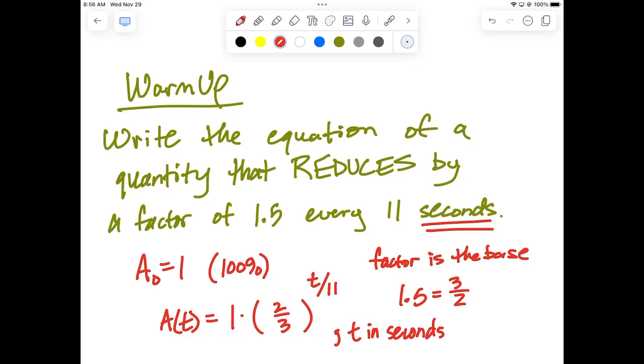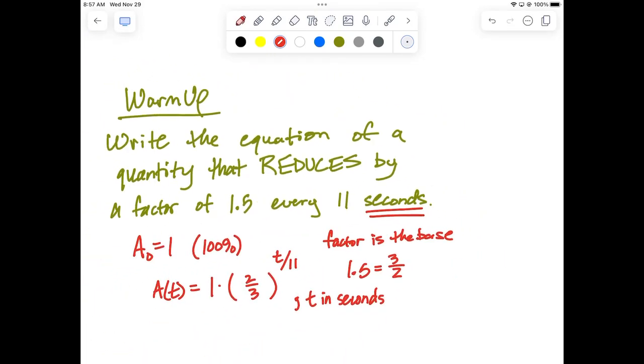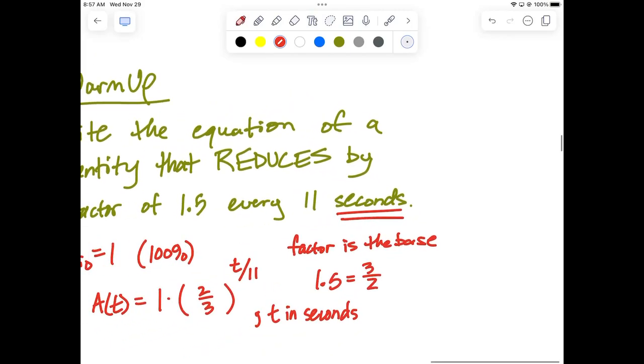No, it's not. So if it reduces by a factor of 1.5, that's 3 over 2, right? So what would the base be if it's not the reciprocal? What are you thinking? Well, I don't know because I was just trying to figure out why you would put 2/3. Because the factor is 1.5, right?